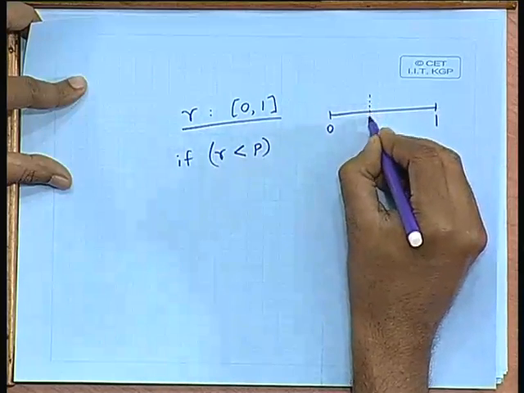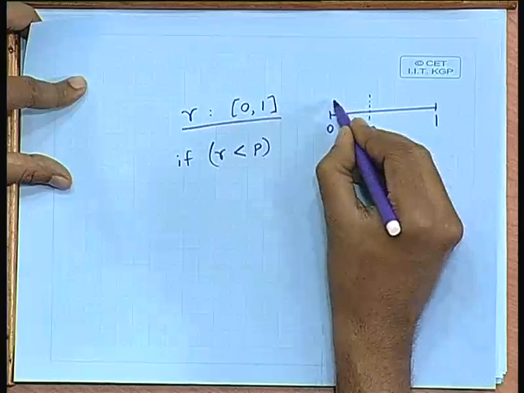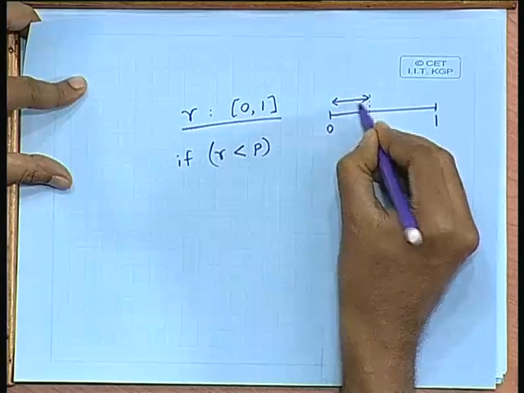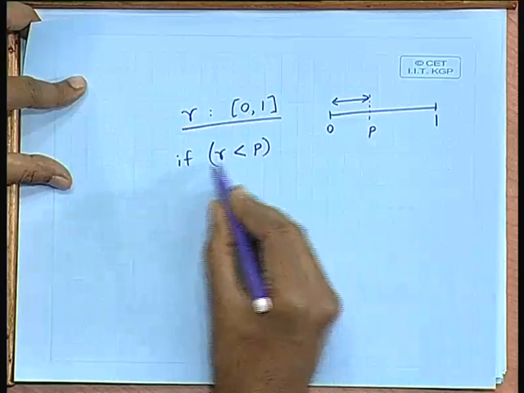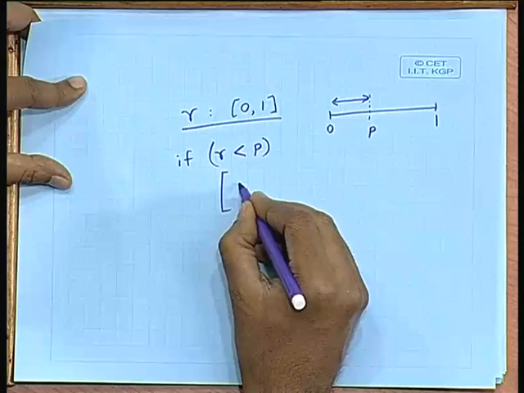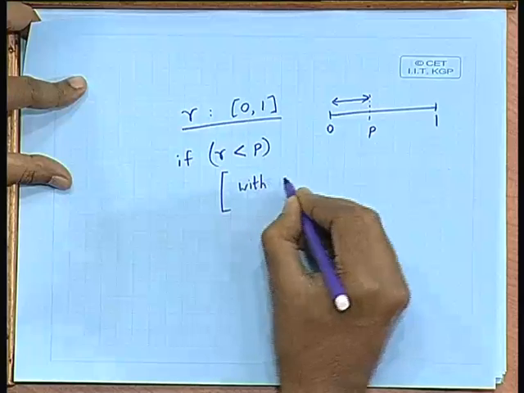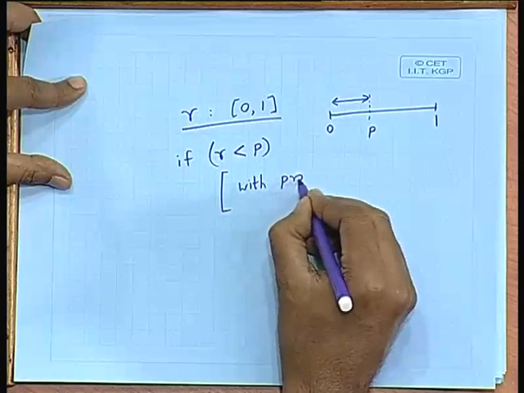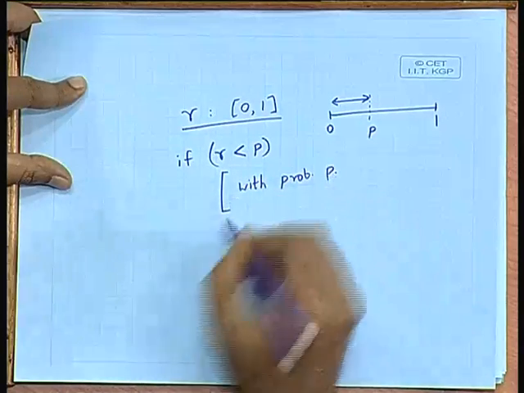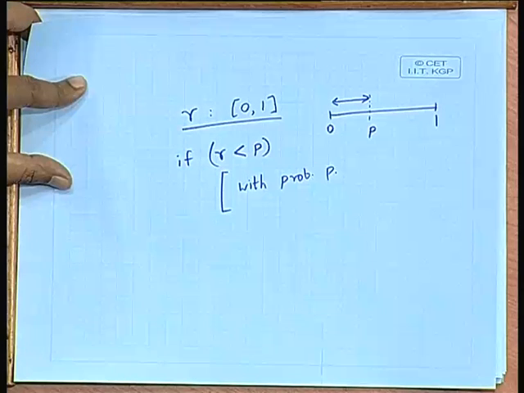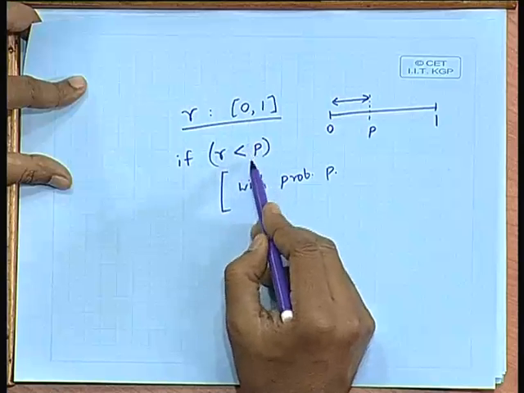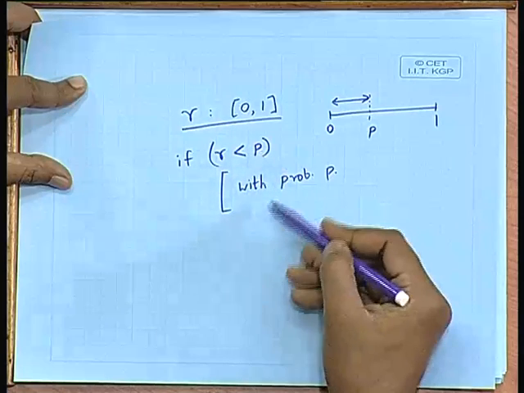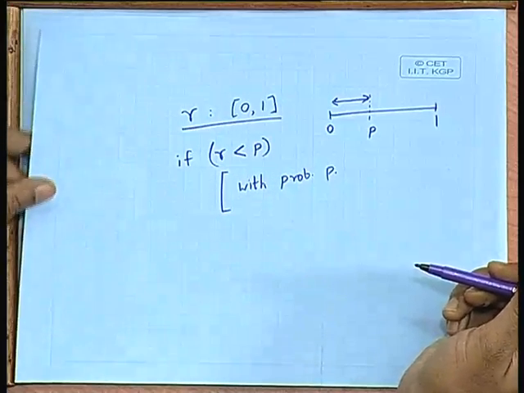So, if I set a line at p, the chance of numbers being generated in this area will have probability p. So, if r is less than p, then do this with probability p. This is how we implement this probability in the program. With probability p we can do whatever we want in this block. So, we generate a uniform random number between 0 and 1 and check whether that number lies within the specified probability value, then we do whatever we want.